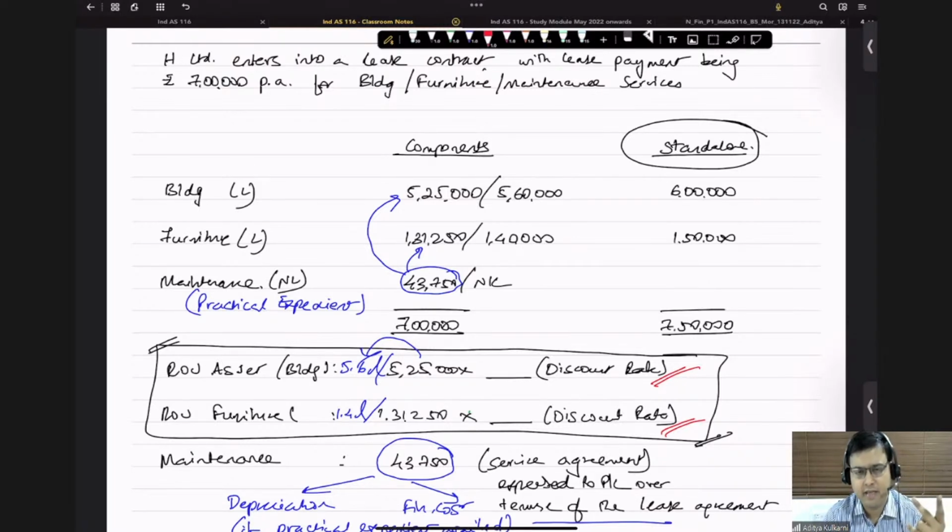So what I'm going to discuss in the class today, you just have to take and apply in the illustrations. Up to illustration number 26 in the study module, you should not be having any problem. So today's class will be purely theory. We will refer to our presentation wherever there is a requirement. And then I will take you through that so that on your own, you should be in a position to read and understand and appreciate the standard, because I feel that understanding the concept today is more important.